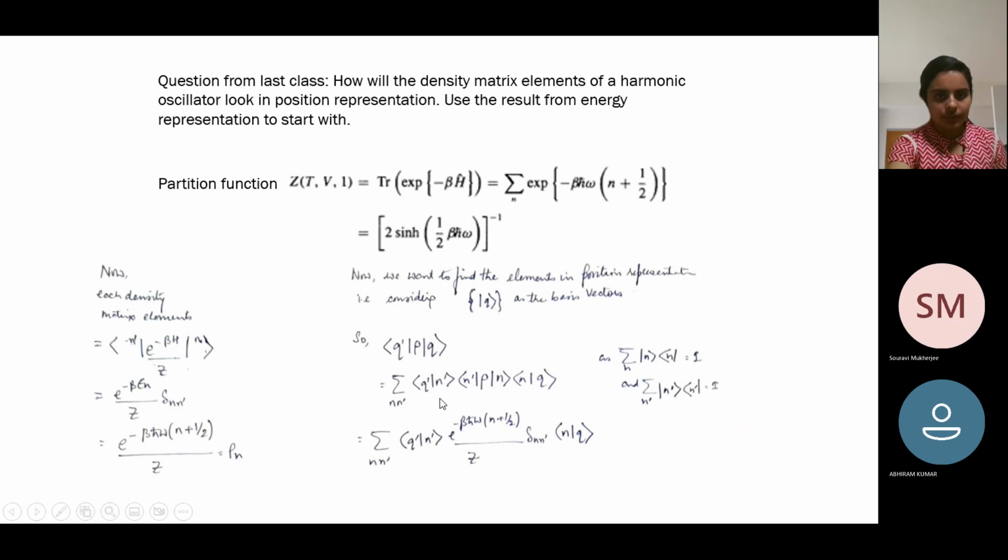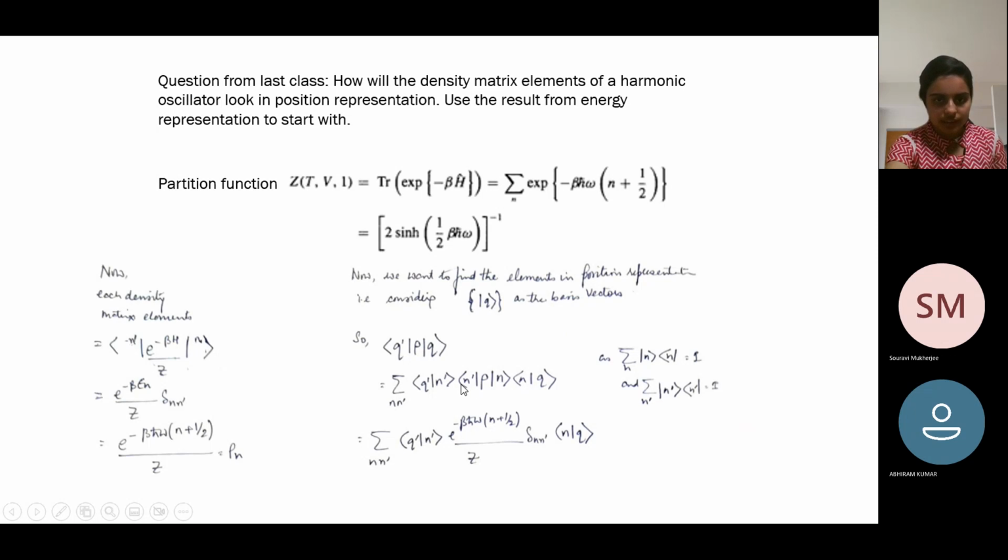So if you use that relation here, what we have done is include the outer products of n prime vectors, and another outer product of n vectors, and then sum over them. So this is just multiplying by the identity matrix on both sides, right?